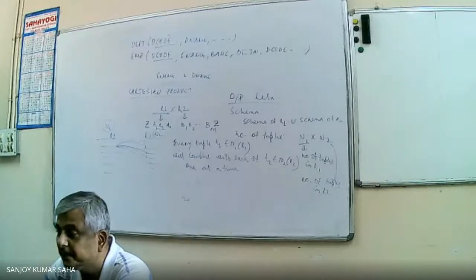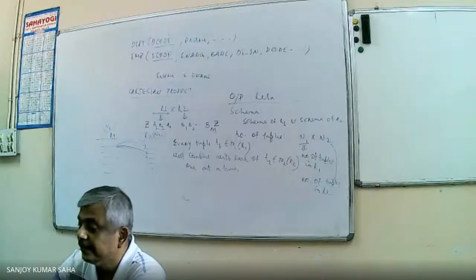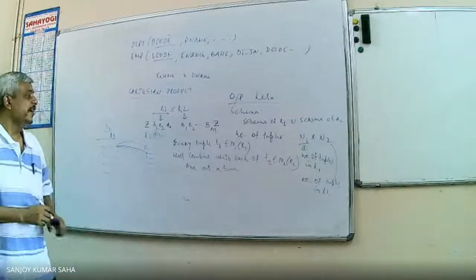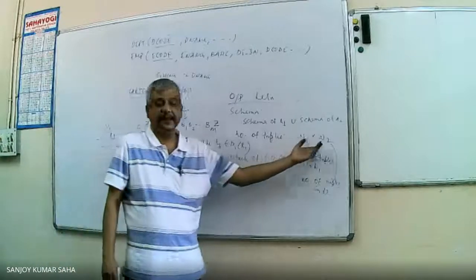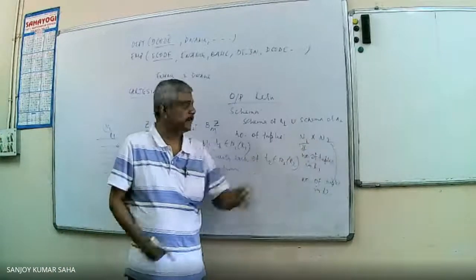So if we have n1 tuples here, n2 tuples here, in the Cartesian product we will be getting n1 into n2 number of tuples.